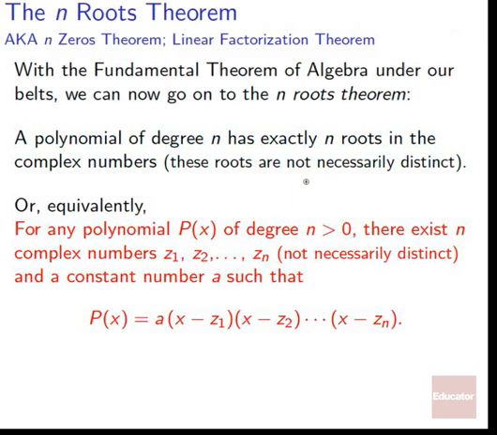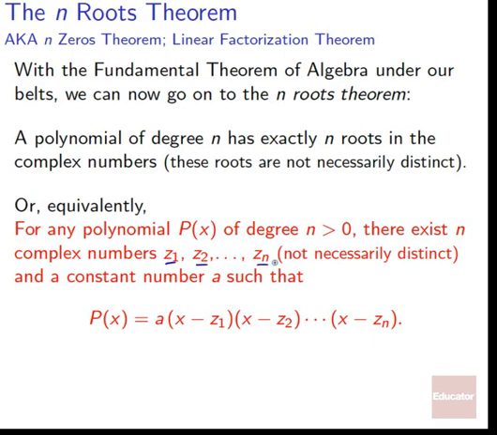Another way to say this is that for any polynomial p of x, a polynomial p of degree n greater than 0, there exist n complex numbers z1, z2, up until zn, so just n complex numbers, and each one is going to be some z. And they're also, once again, not necessarily distinct. z1 is not necessarily going to be different than z2. We're just guaranteed that there will be a total of n numbers.